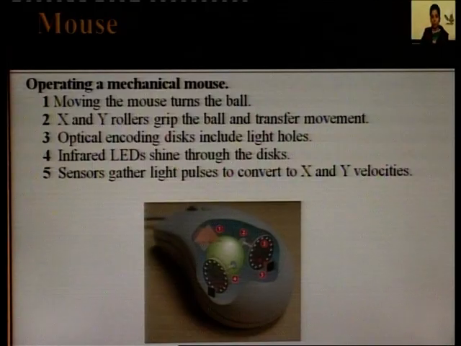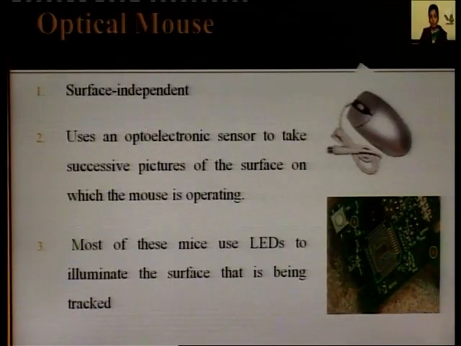Okay. So the mouse: moving the mouse turns the ball, XY coordinates, rollers grip the ball and transfer movements. Optical encoding disc including light holes, infrared LEDs shine through the disc, sensors gather light pulses to convert to x and y velocities. Next is the optical mouse.